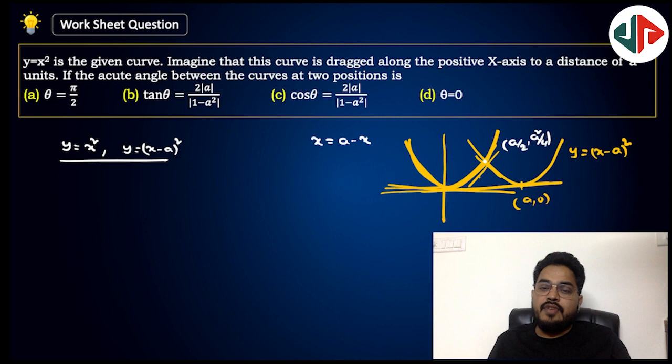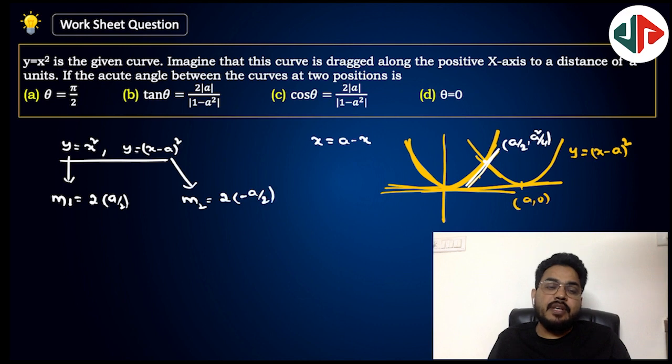If I want to find m1, the slope m1 will come from dy by dx is equal to 2x, that is a. And from the second curve, differentiation gives m2 as 2 times (x minus a), so that is minus a. So m1 is equal to a, m2 is equal to minus a.